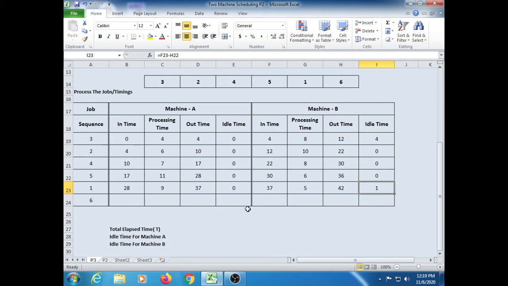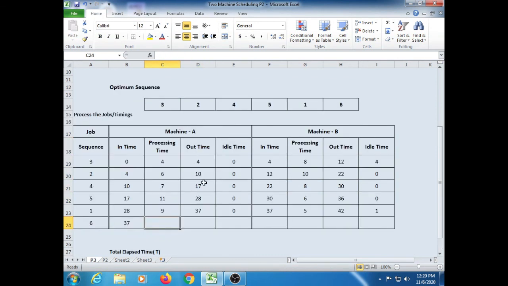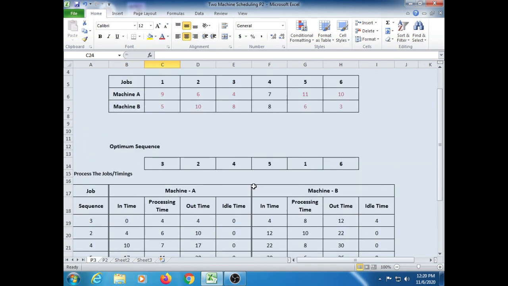Next, finally we have a job that we have to process at the 37th hour. At the 37th hour machine A becomes free to perform the next job. So at the 37th hour we can perform the next job. What is the processing time?